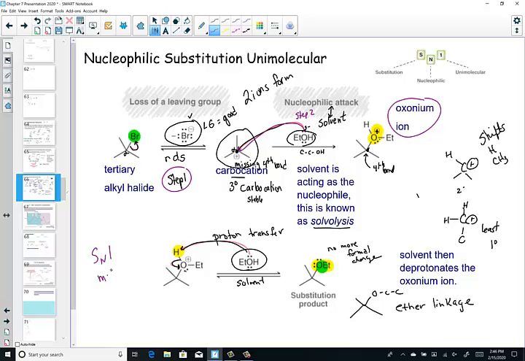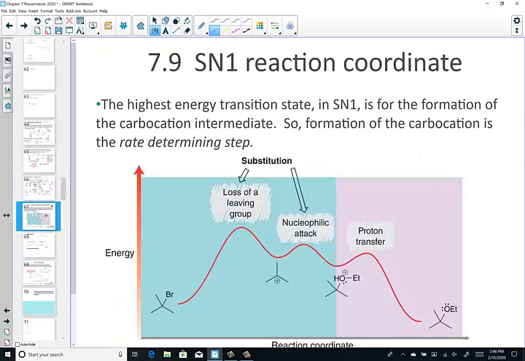SN1 is multi-step, where the rate determining step is unimolecular. The leaving group leaves. SN2 is a concerted mechanism because we had bimolecular collisions. All the bonds broke and formed at the same time. Since SN1 is multi-step, think about what its kinetics would look like.